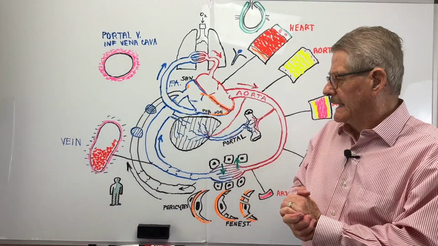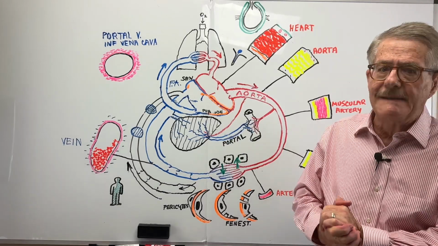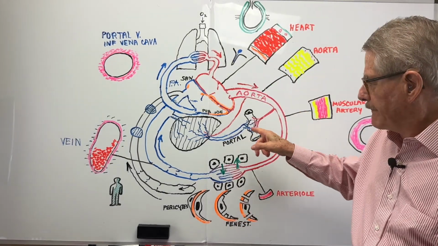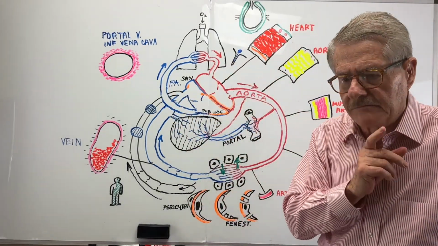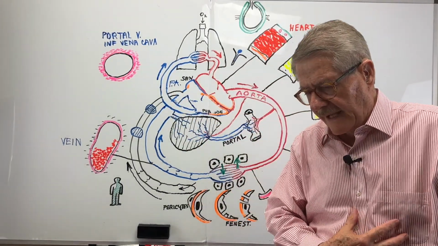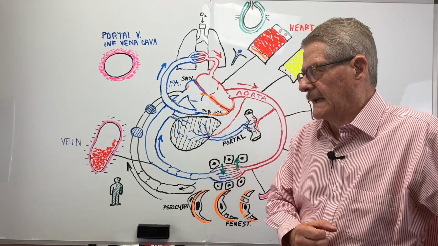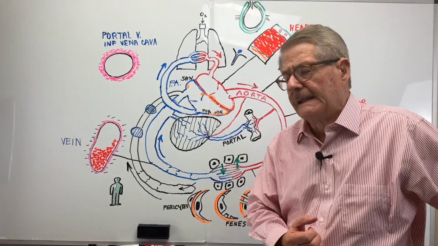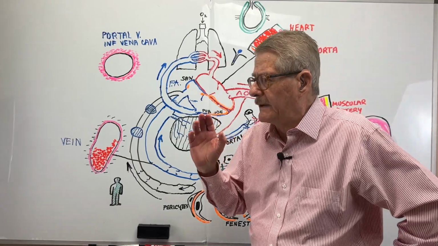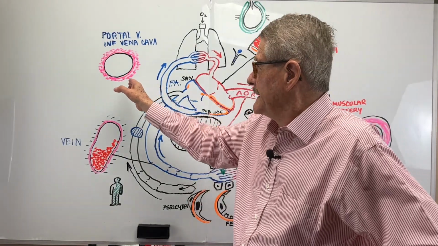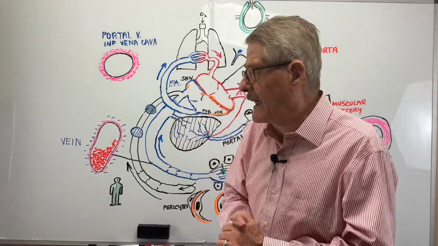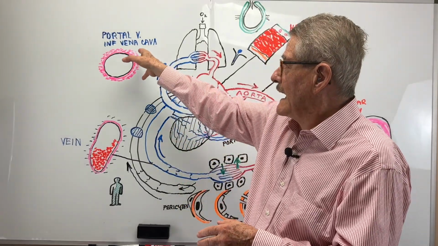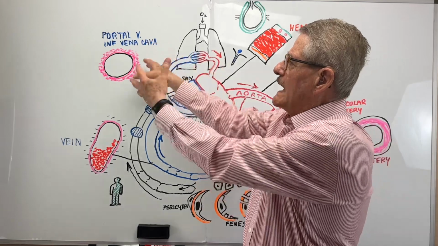Before I go to the capillaries, I'll mention one detail. The portal vein and the inferior vena cava, which are abdominal or retroperitoneal veins, have a particular characteristic in which the thicker portion of the vein is formed by longitudinal fibers.